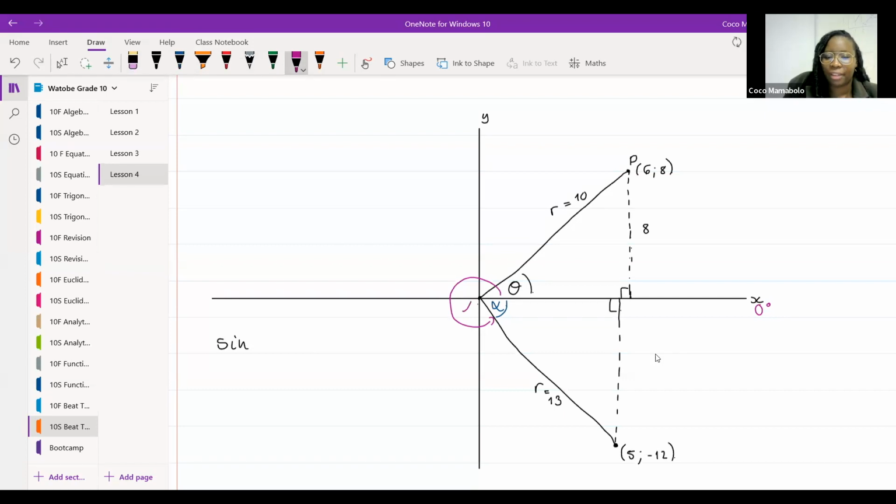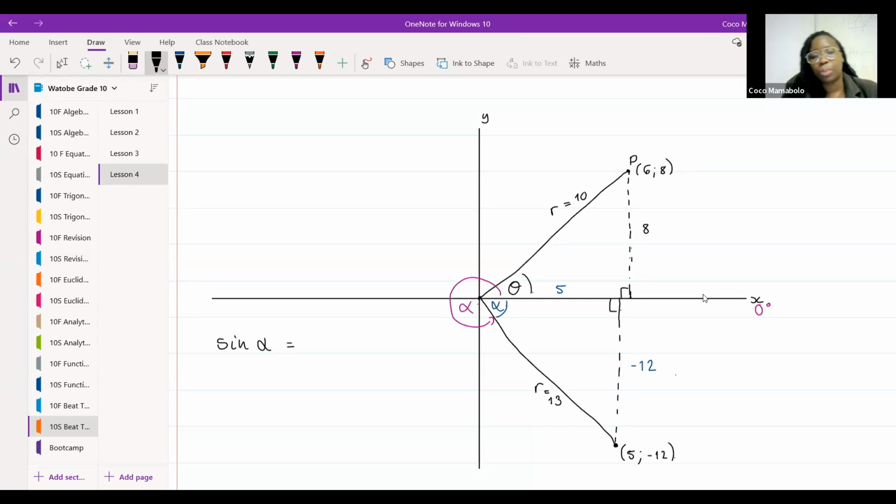Look at the drawing that we have. Remember, this side over here will be 5, and this side over here isn't 12. This axis over here is actually negative 12. So what would sine of alpha then be?